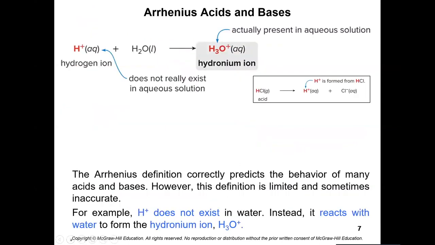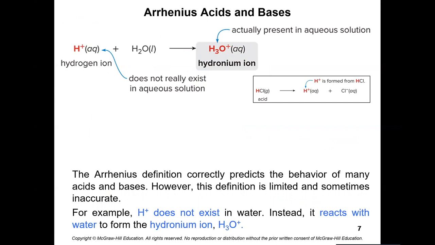All right, so Arrhenius was generally correct, but it did have some limitations because sometimes it was just a little bit inaccurate. One of the inaccuracies is that H+, or this proton or hydrogen ion, actually does not exist in water. Instead, H+ reacts with water and forms what we call the hydronium ion, or H3O+.